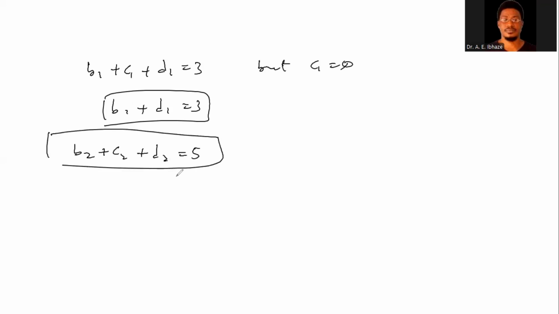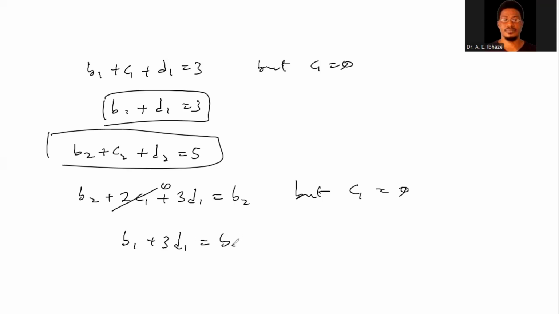We already know this, okay? So that B1 plus 2C1 plus 3D1 is the same as B2. We already know this, but C1 is the same as 0. So once we substitute C1 to 0, this reduces to 0. So we now have B1 plus 3D1 to be the same as B2.